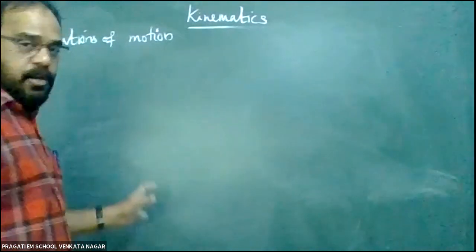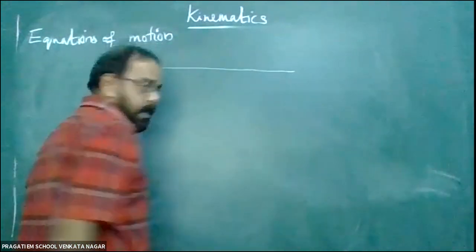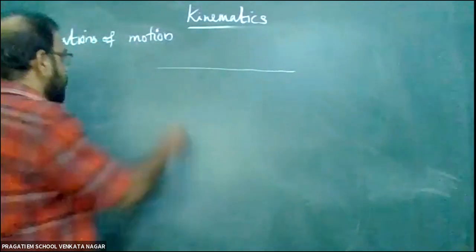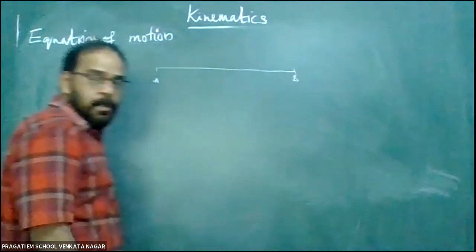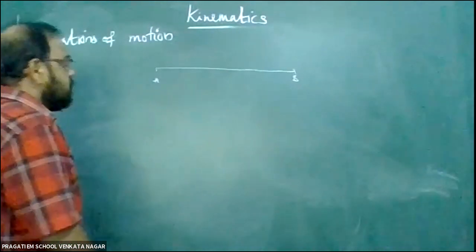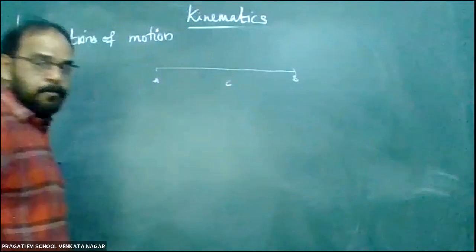So what does equation of motion mean? It is when a body moves in a straight line, from A to B. Suppose here let us find another point C.